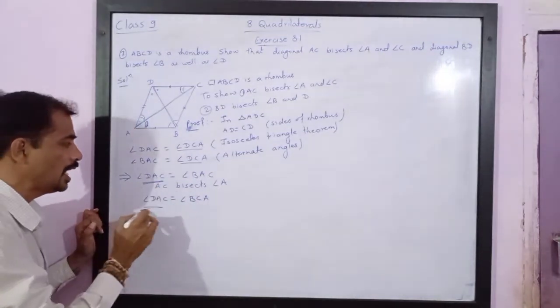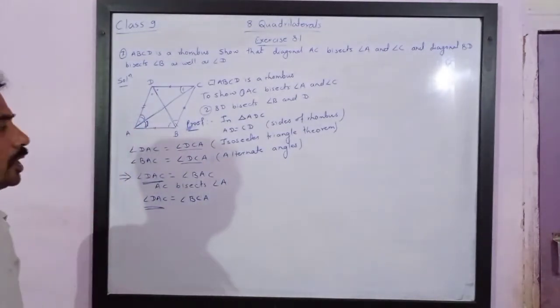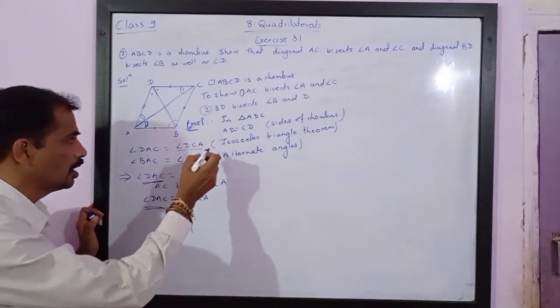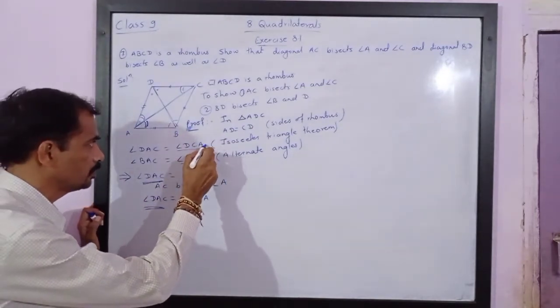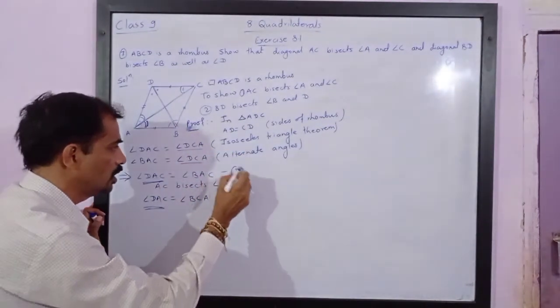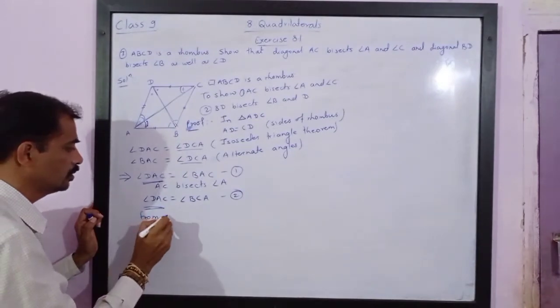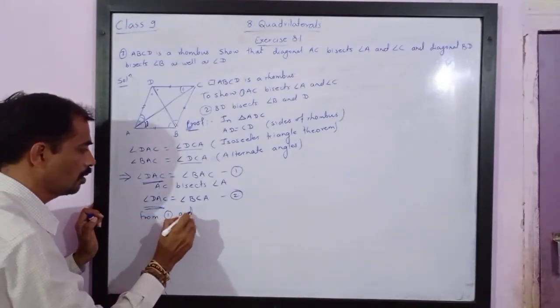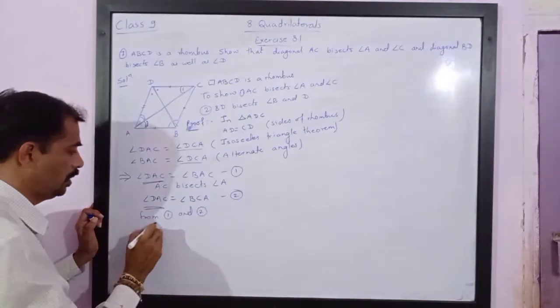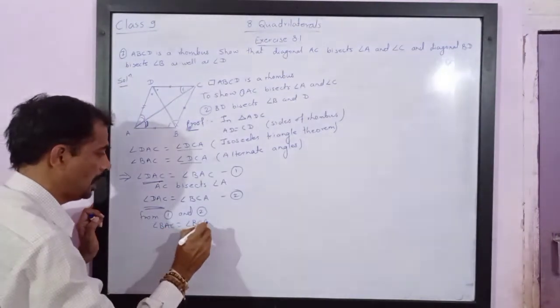Here DAC and DAC, left hand sides are equal. It means right hand sides must also be equal. So here I will give some equation numbers, 1 and 2. So from 1 and 2, angle BAC equals angle BCA.